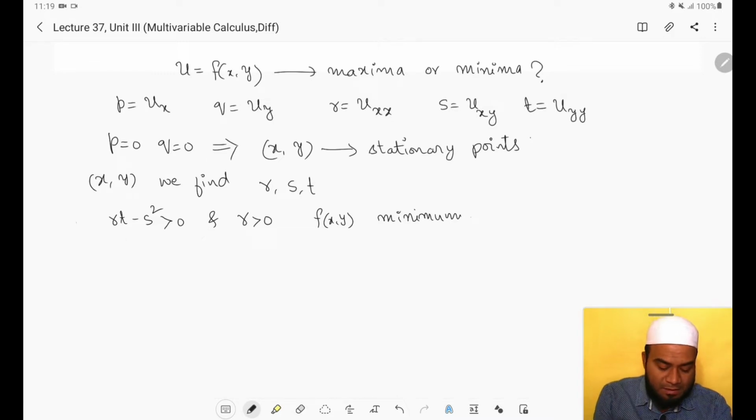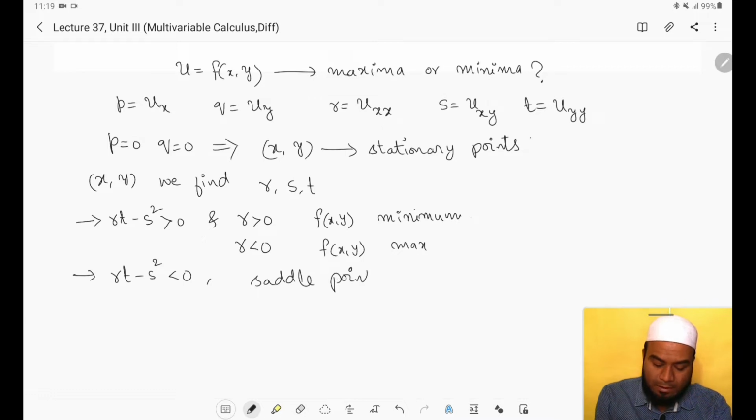If rt minus s square is greater than 0 and r is less than 0, then the function f of x comma y will be having a maximum at that stationary point, right? If this rt minus s square is less than 0, then that stationary point is said to be saddle point, right?